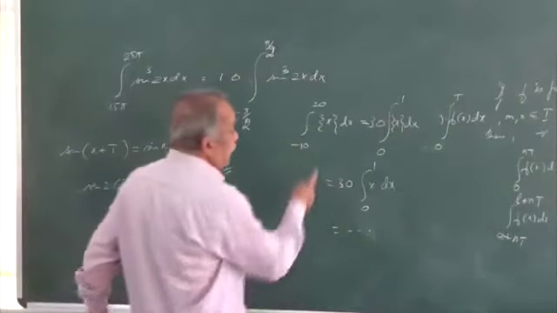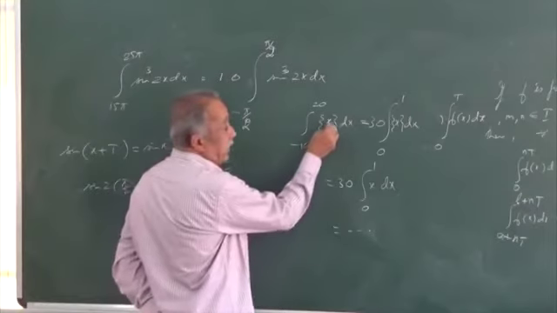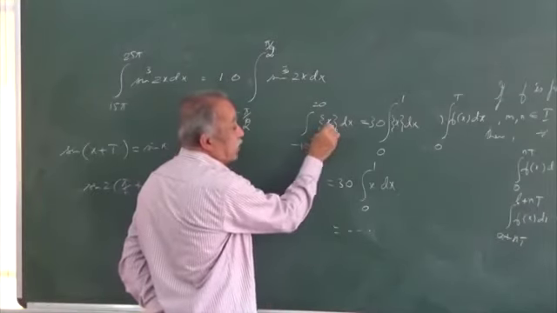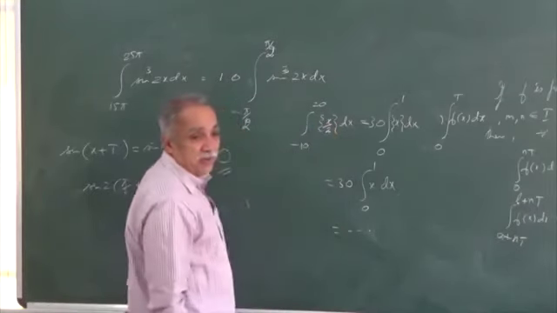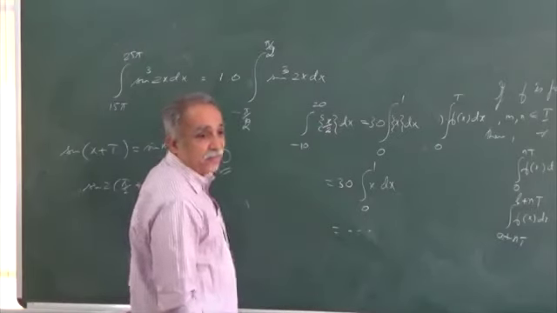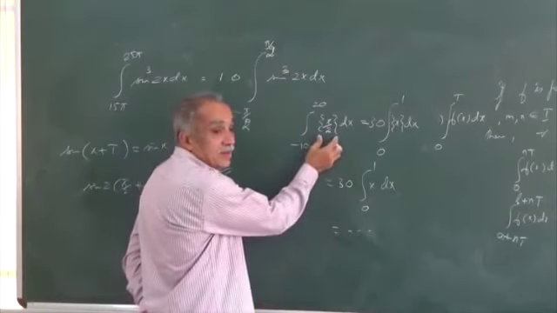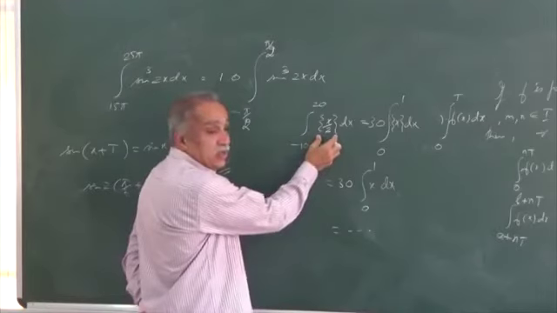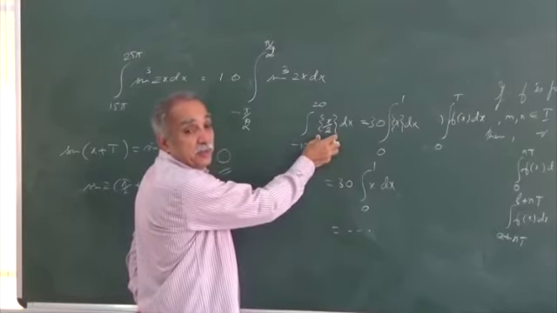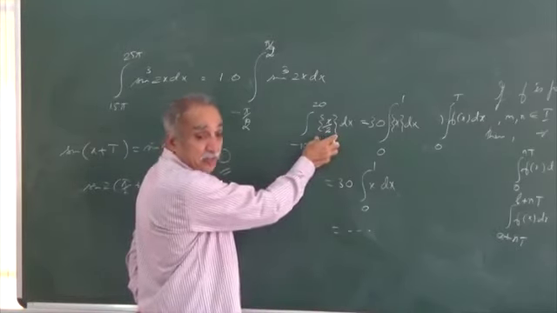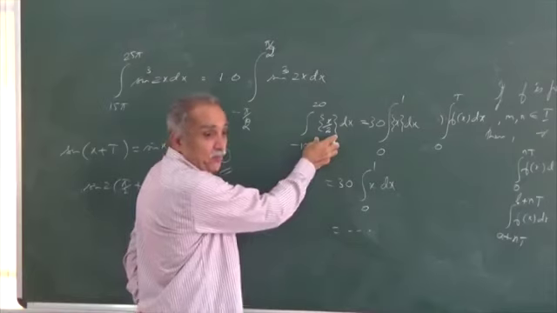Suppose you had, instead of fractional part x here, you had fractional part x by 2. What will be the change? This now is not a function with primitive period 1. Instead, the primitive period will be 2.